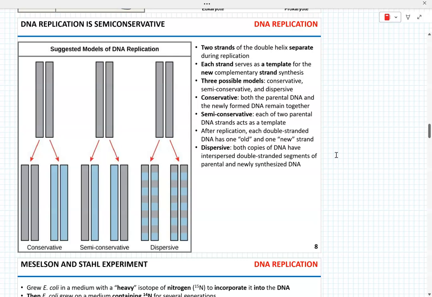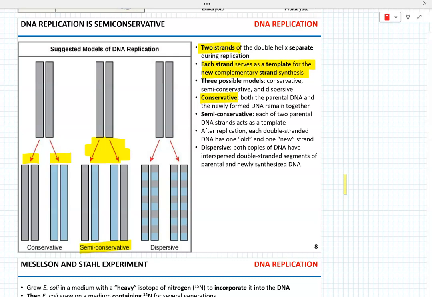So now we're going to talk about the process of DNA replication. During replication, two strands of the DNA separate, and each strand acts as a template for the synthesis of the new complementary strand. However, when this was studied initially, nobody really knew whether the replication process was conservative, in which strands in the parental DNA remain together and the new molecule is completely new.